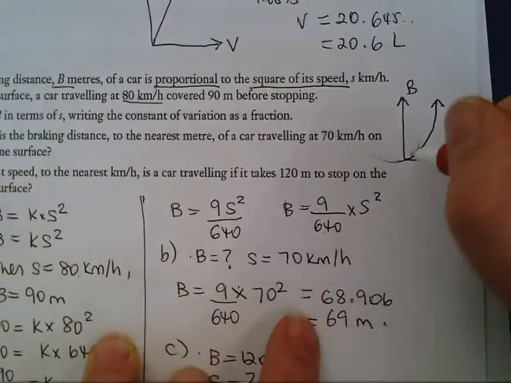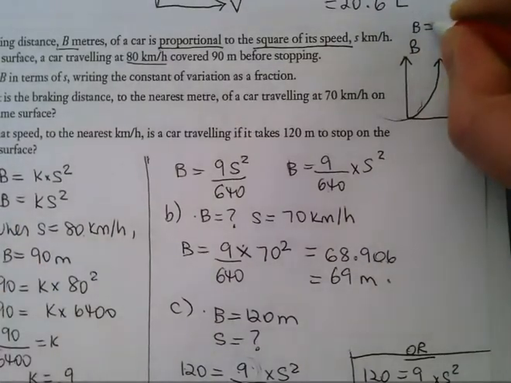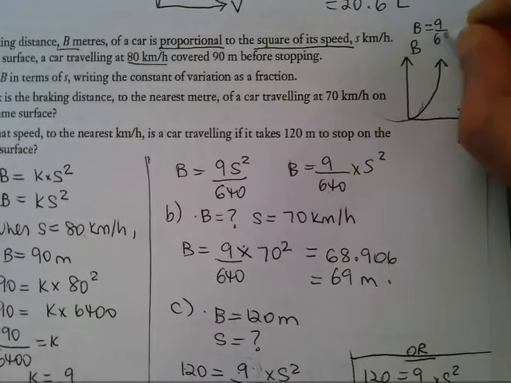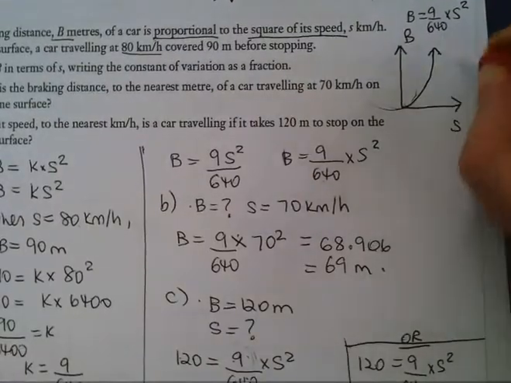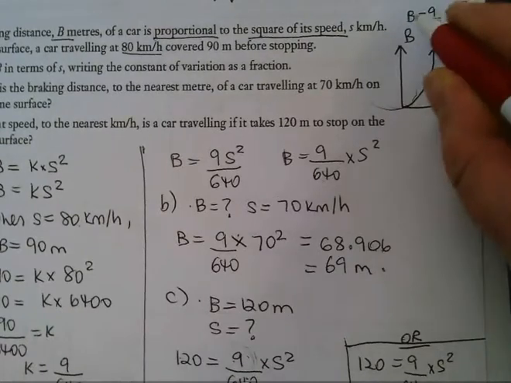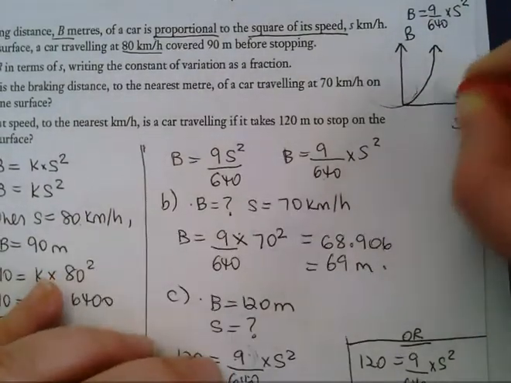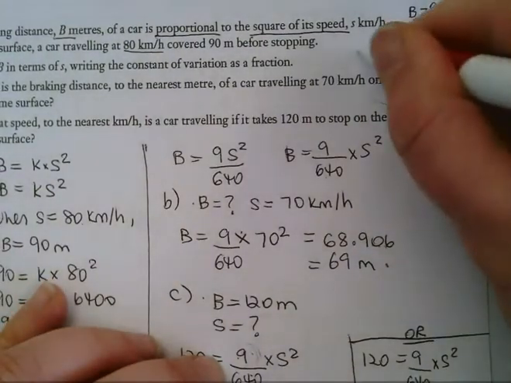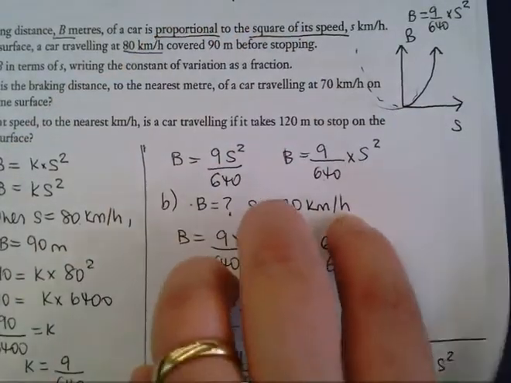Because the graph is D equals 9 over 640 times S squared, it would be quite wide, but it is like a Y equals something X squared type graph. It would look like a parabola. Now, remember, you can't see the other side of the parabola. It's only half of it.